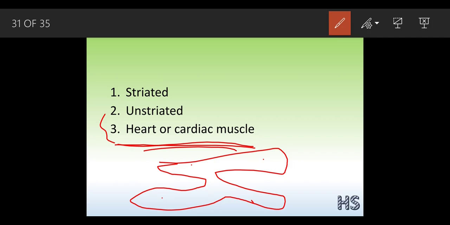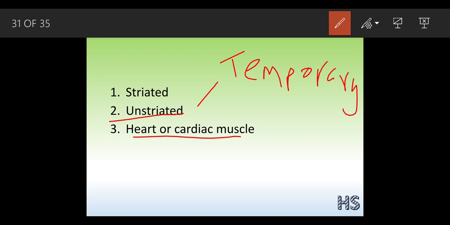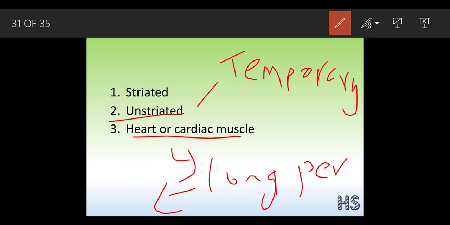See, the difference lies in this: unstriated muscles work for a temporary period of time, and these heart muscles, or the cardiac muscles, work for a very long period of time, that is 24/7.